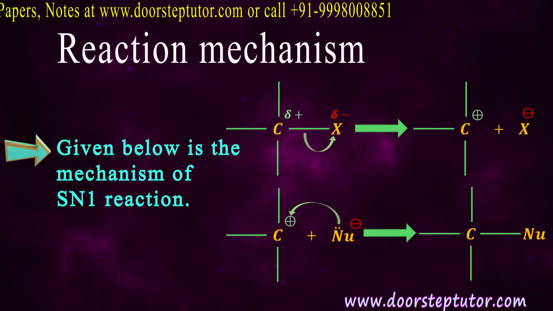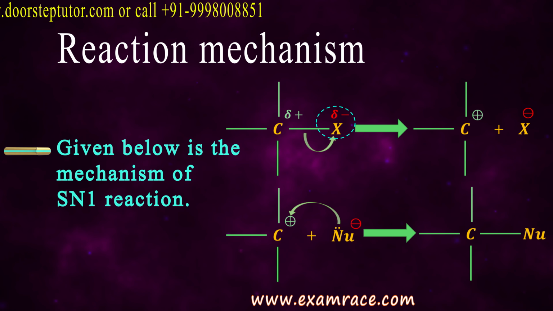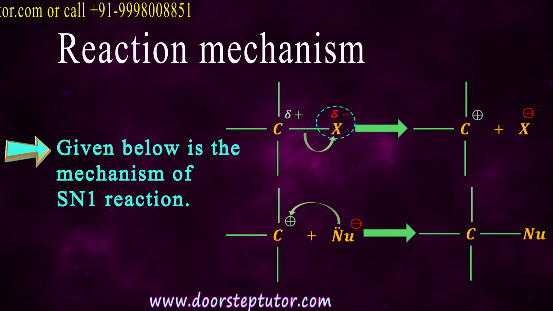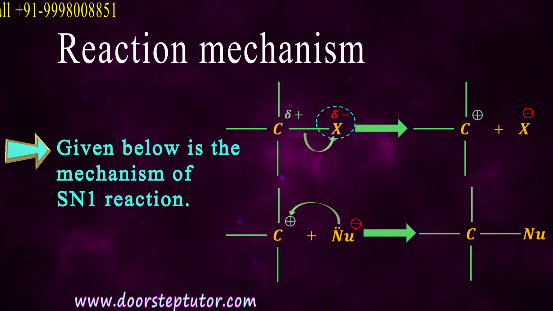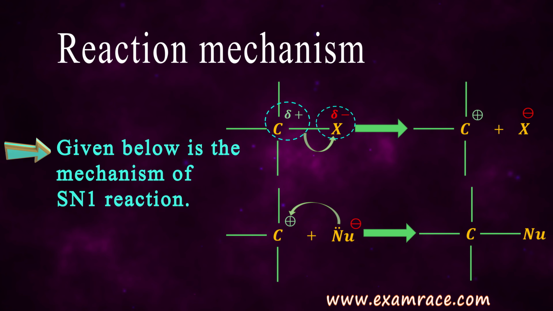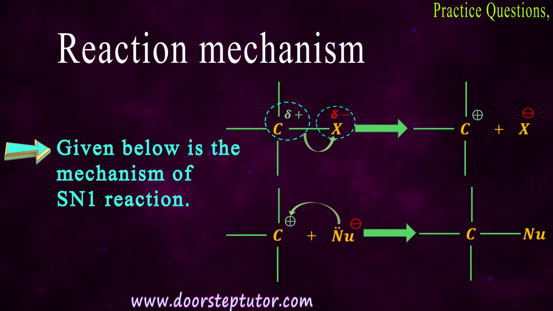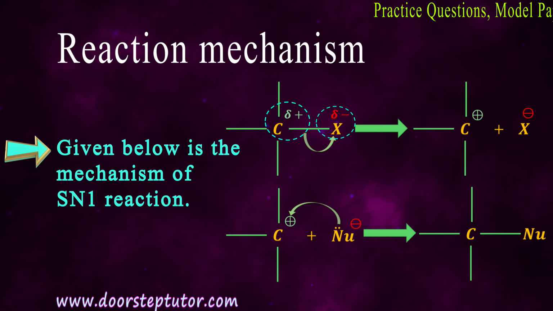This carbon is bonded with X, which can be a halogen: fluorine, chlorine, bromine, or iodine. So this X has a negative charge and this carbon has a positive charge. When the bond between these two breaks, it makes one electrophile and one nucleophile.